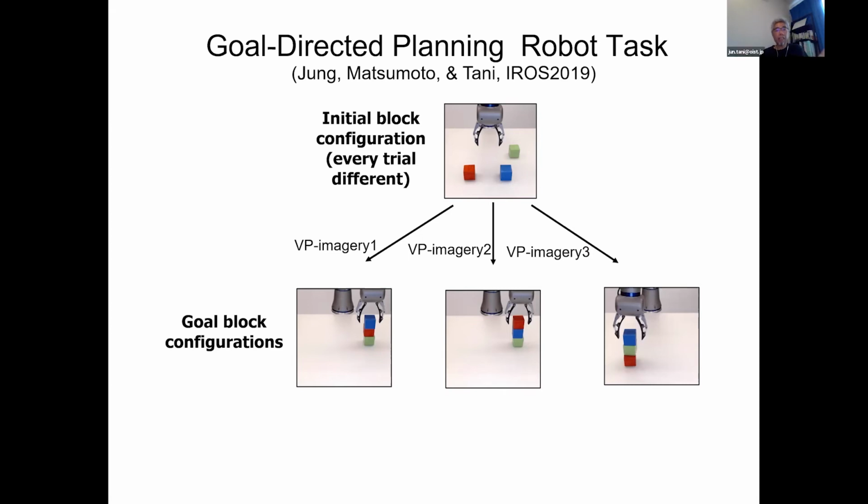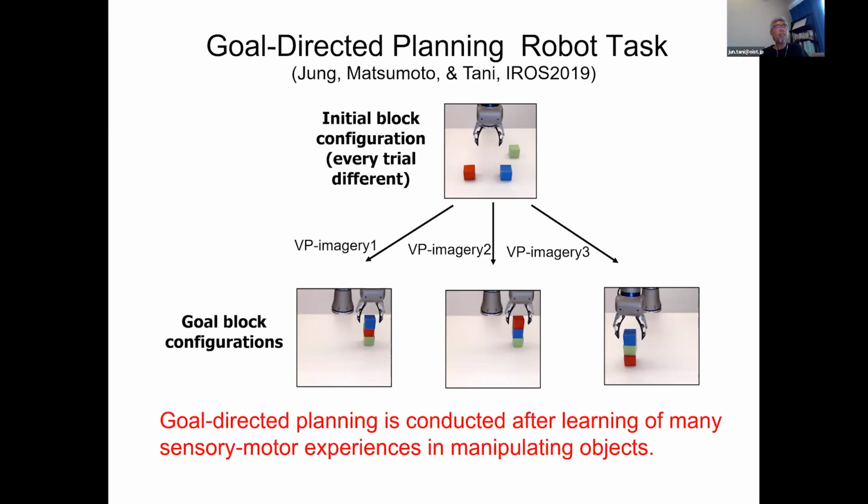So this kind of thing is done as a test of plan execution after we first train the network. The robot experiences many ways of grasping objects of different colors and stacking them in different locations or positions.